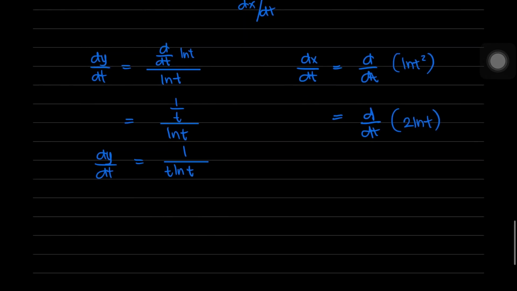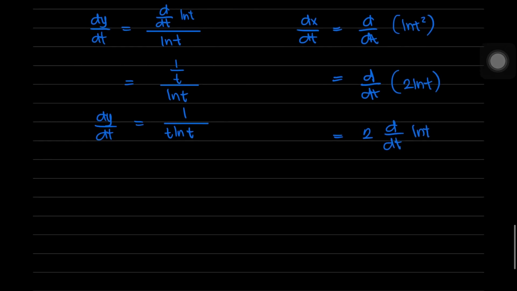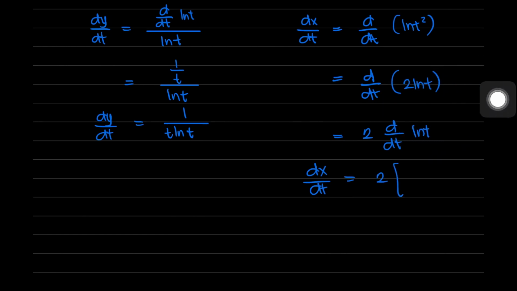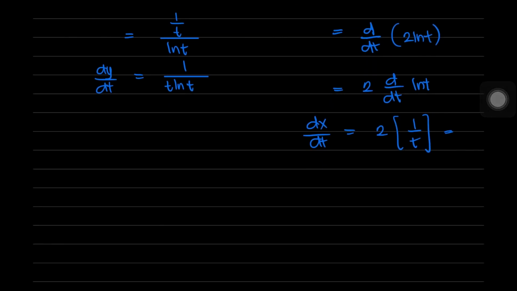And since 2 is a constant, this is now equal to 2 times the derivative with respect to t of ln of t. So dx over dt is now equal to 2 multiplied by the derivative of ln of t with respect to t, that's equal to 1 over t, or simply it is equal to 2 over t.